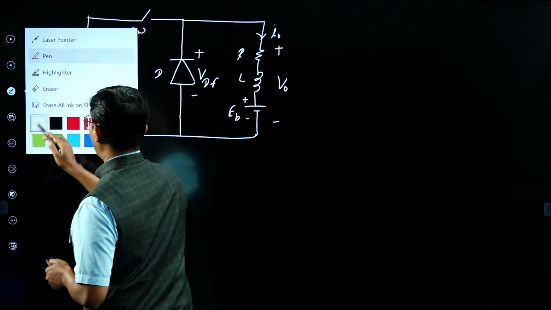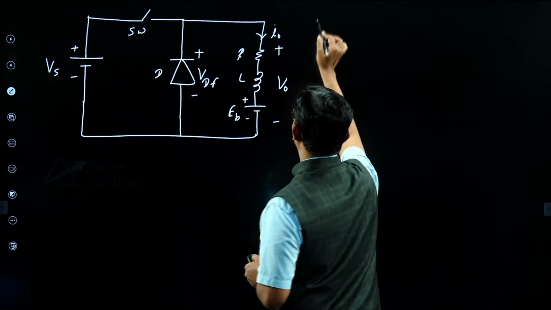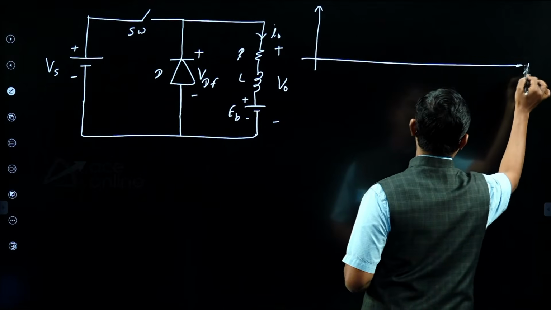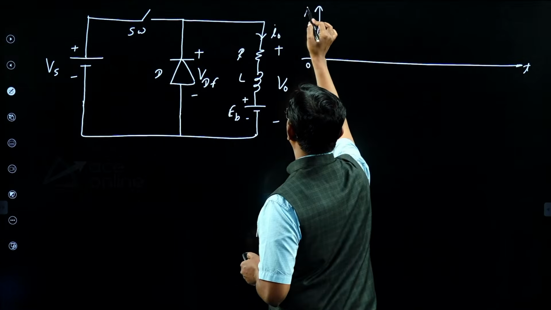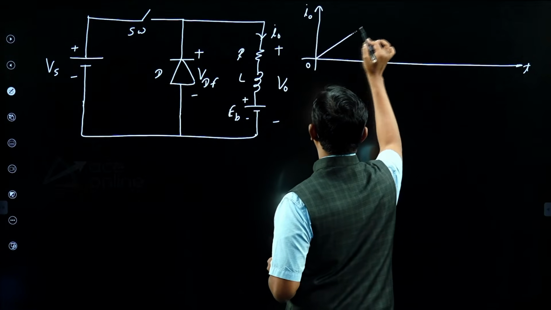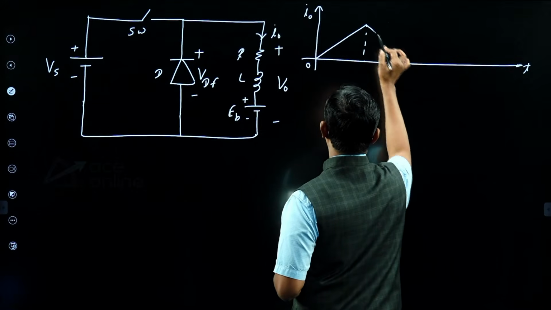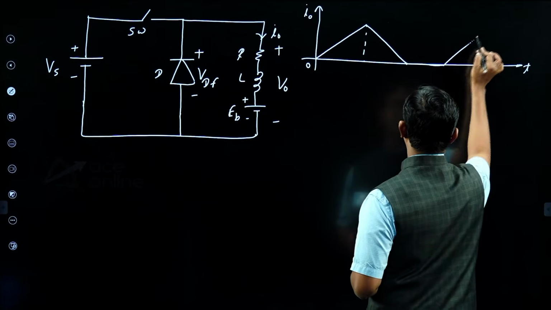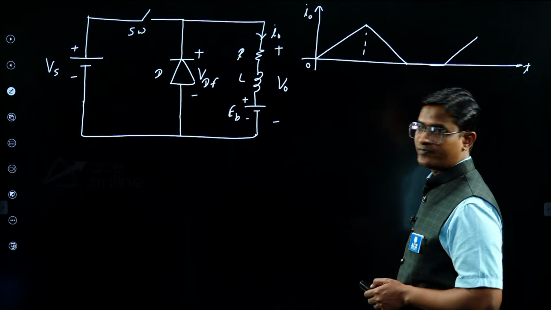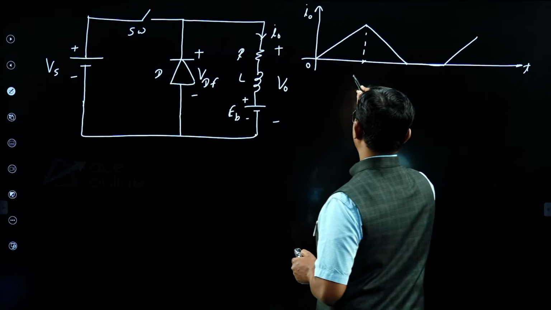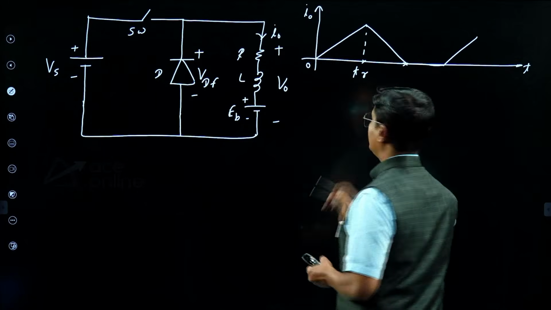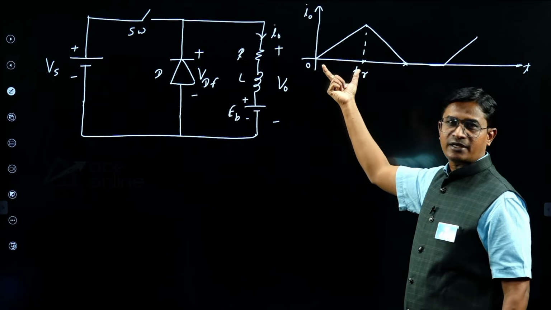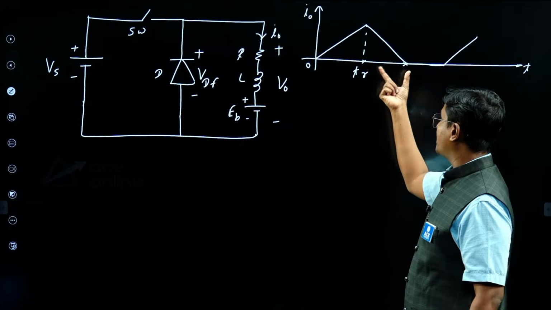From oscilloscope traces, it is observed that the load current increases for time Tr, falls to 0 over time Tf, and remains 0 for time T0 in every chopping cycle. Means this time is TR. Current increases for time TR, and it falls to 0 over time TF.